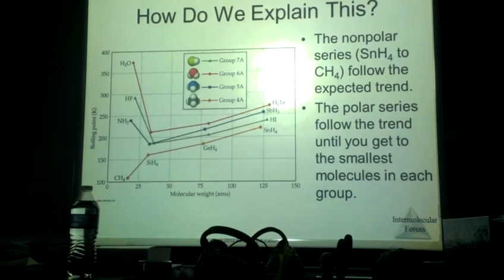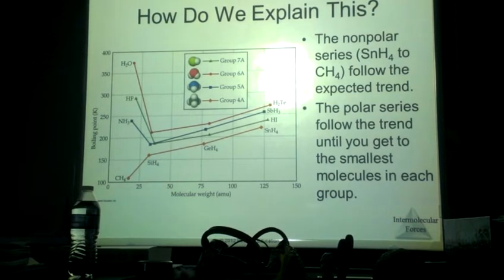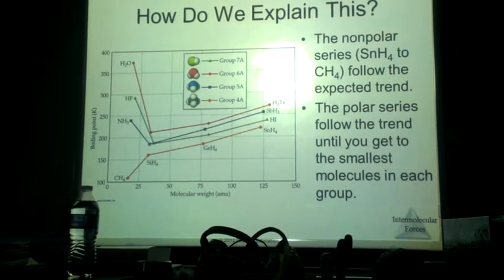Okay, so now I just want to look at this graph of boiling point and molecular weight for some different hydrogen compounds. This figure shows us the boiling points of binary compounds formed between hydrogen and elements from groups 4A through 7A. First, the boiling points of the compounds containing group 4A elements.